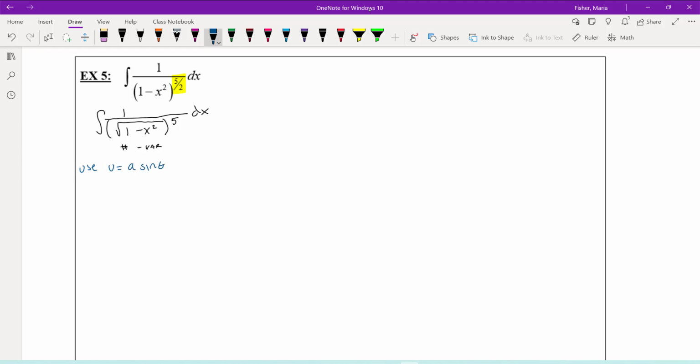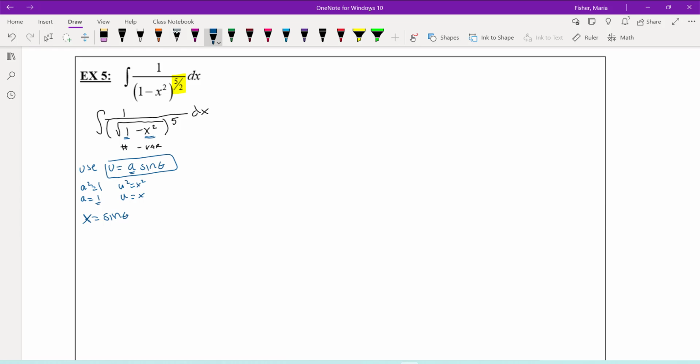So what is a in this case? Well, a squared is equal to 1, therefore a is equal to 1. What is u squared? Well, u squared is x squared, so we know that u is equal to x. That means that x is equal to 1 sine theta, but I don't really need to write that 1, so we can just say that x is equal to the sine of theta.